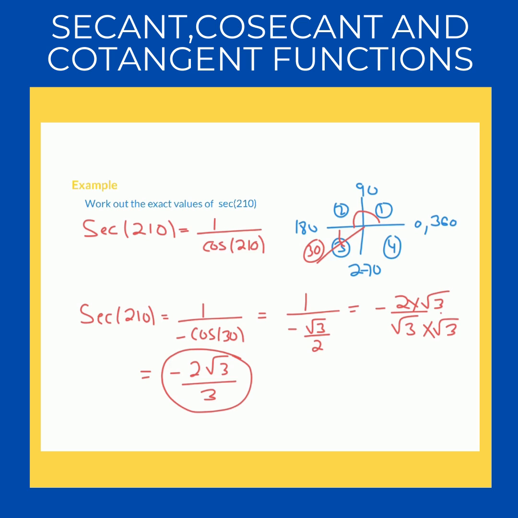Now, if we want to do a quick sketch of our angle 210, we know that this is 0, 360. Here it's 90. Here it's 180. And here is 270. So this is the first quadrant. This is the second. This is the third.